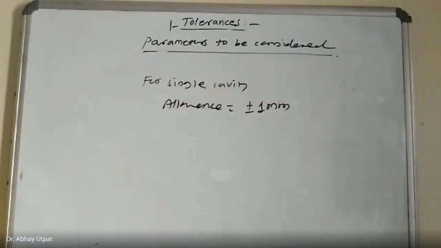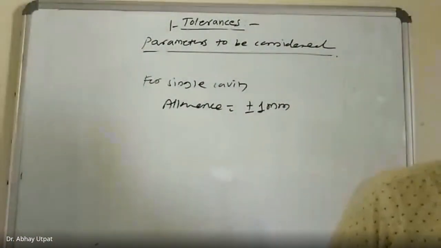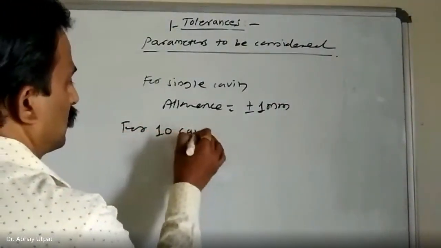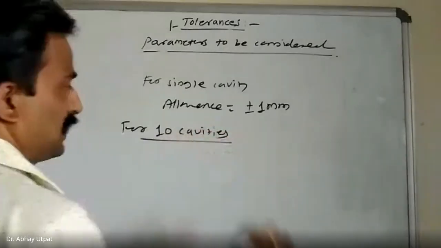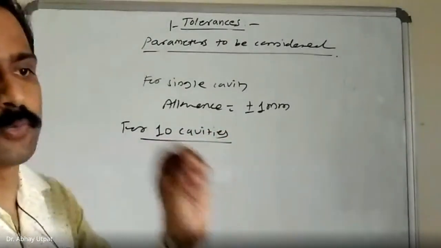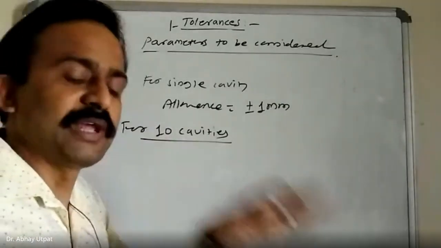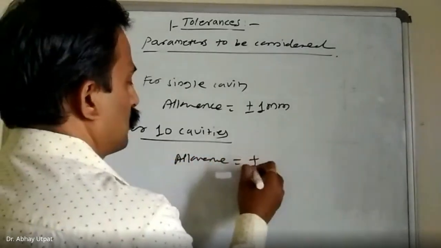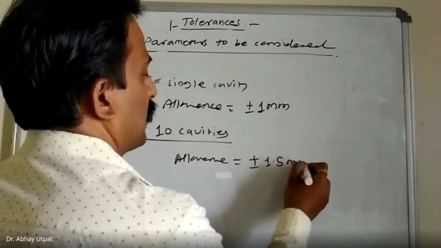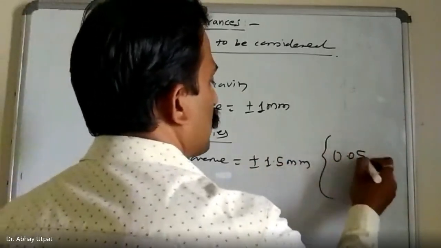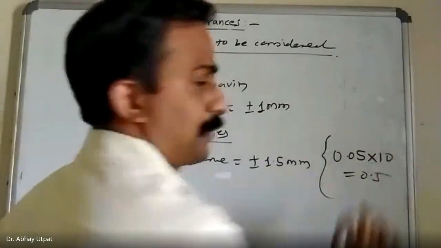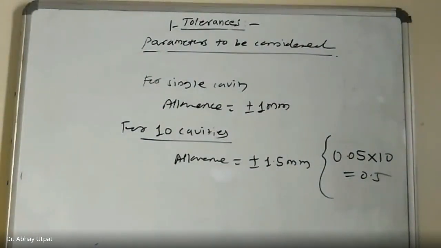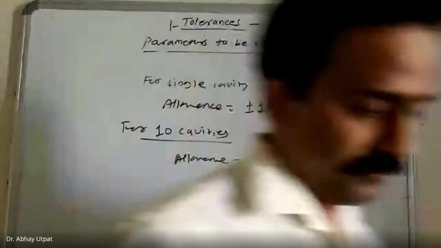Then for 10 cavities, for each cavity 5% more. 5% means 0.05. 0.05 into 10 becomes 0.5. Allowance is equal to plus minus 1.5 mm. How does it come? 0.05 into 10 is equal to 0.5. Five percent means 0.05. Okay.